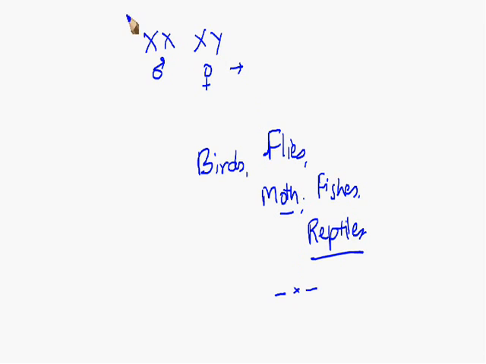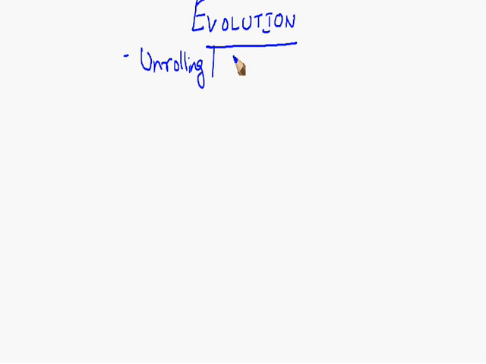Now let us discuss another topic of this chapter, which is directly related to the process of heredity, that is evolution. Evolution, if you see the meaning of this word, it means unrolling or unfolding, simply unfolding.